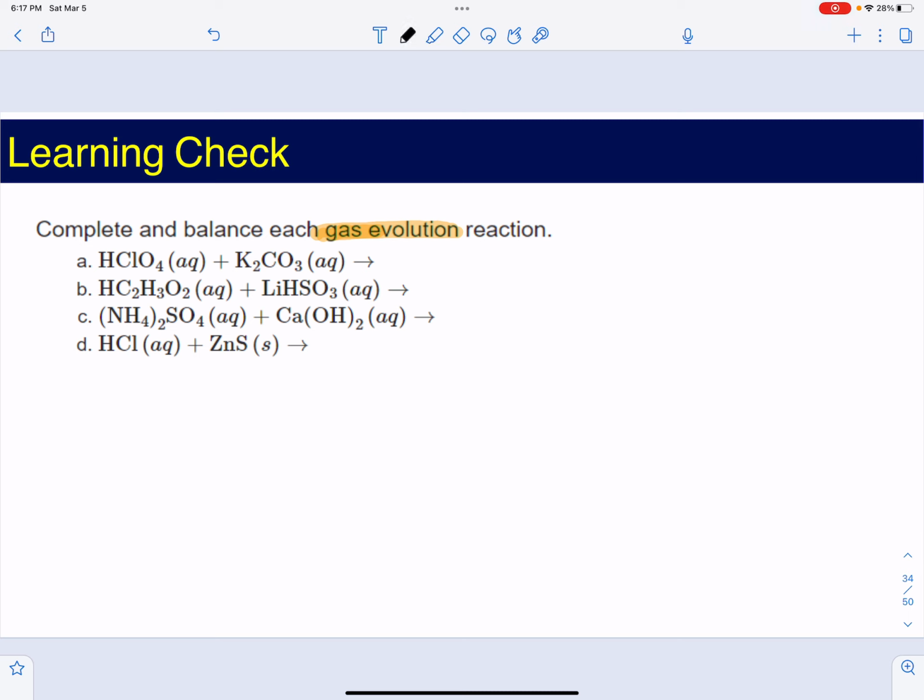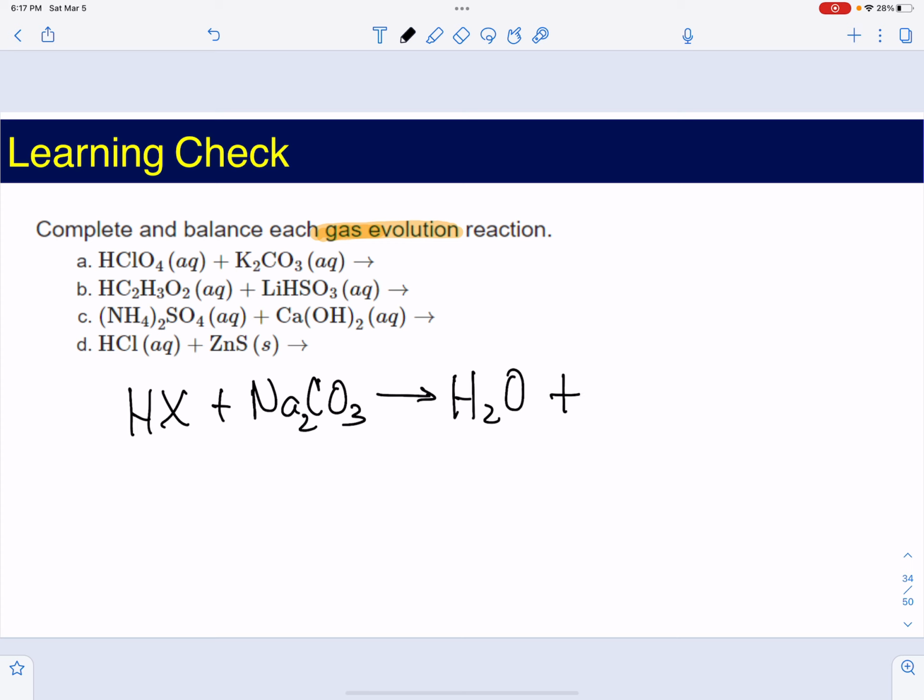Every time you react any acid with some type of carbonate, you will always get water, the salt, and carbon dioxide, which is a gas. So put that pattern in your mind. Every time you react an acid with a compound that contains carbonate, you get water, CO2, and the salt.